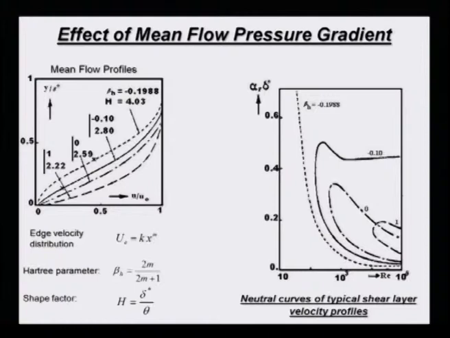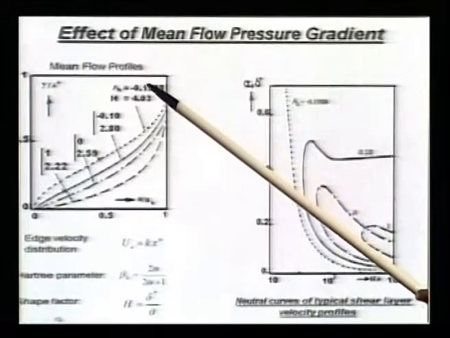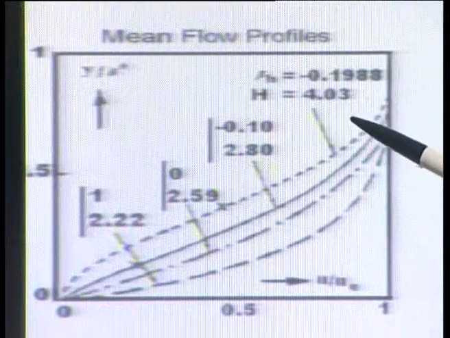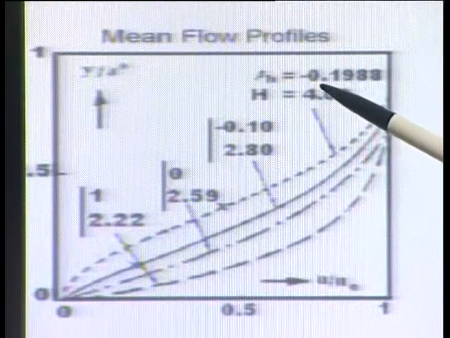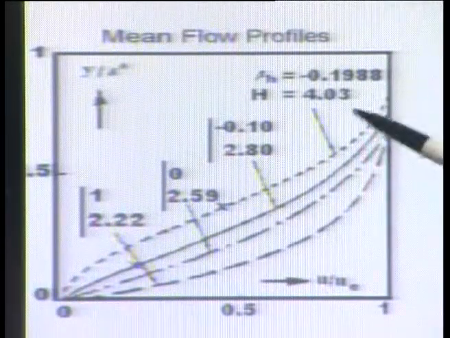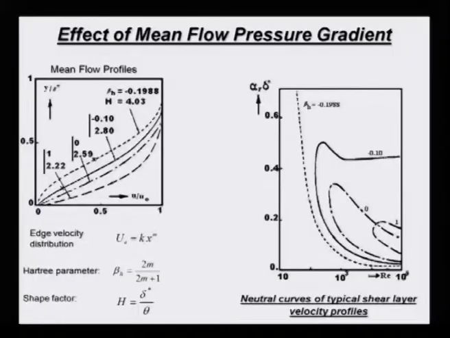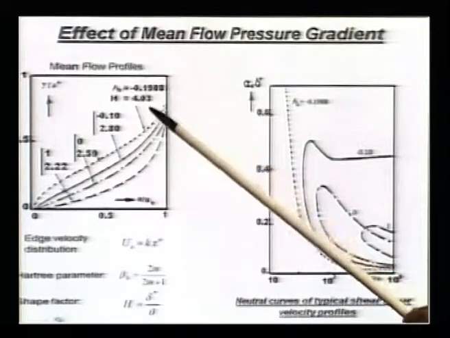That is the value given here for the top curve. Corresponding m is about minus 0.19888 and h becomes 4.03. So, if we keep on having this adverse pressure gradient, the boundary layer becomes thicker and the flow has a tendency to separate, and that is the limiting value.